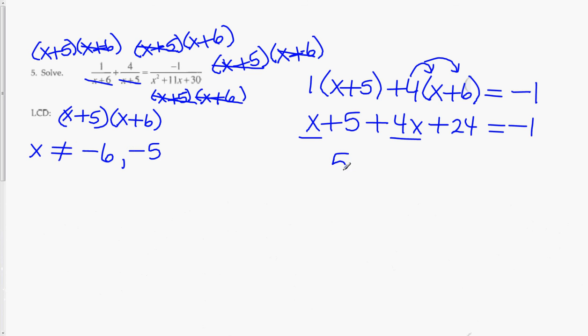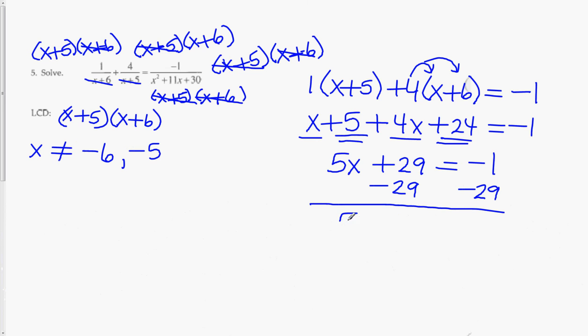X plus 4x would be 5x. 5 plus 24, that gives me 29 equals negative 1. So I'm going to subtract 29 from both sides. I'm going to have 5x equals negative 30. Divide both sides by 5 to solve for x. So I get a negative 6.